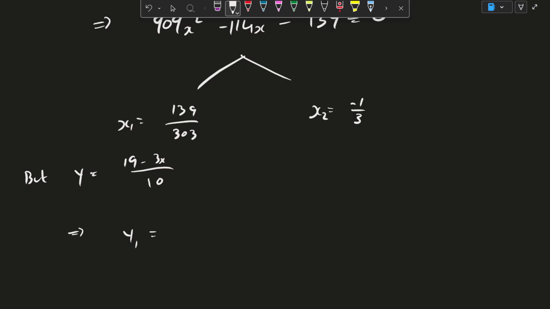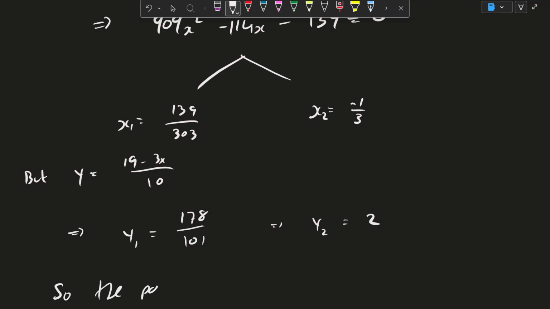So (19 minus 3 lots of 139 over 303) over 10, which according to my calculator gives us 178 over 101. And y2, instead of the 139 fraction, we're just going to replace it with minus a third. And that gives us 2.